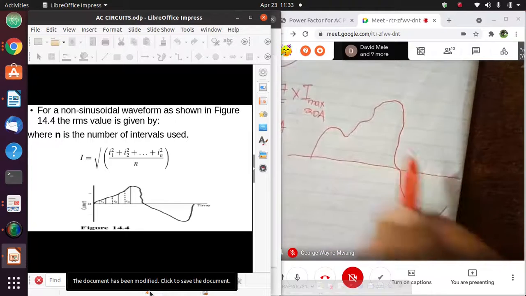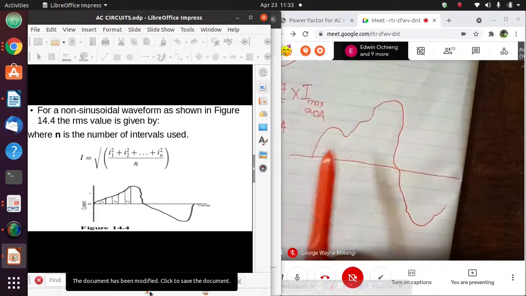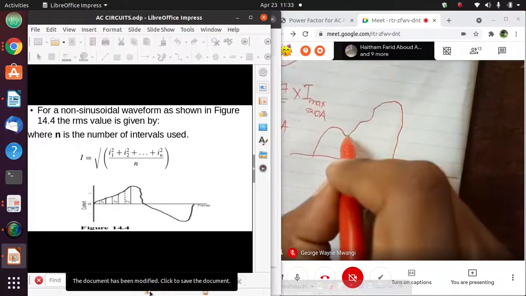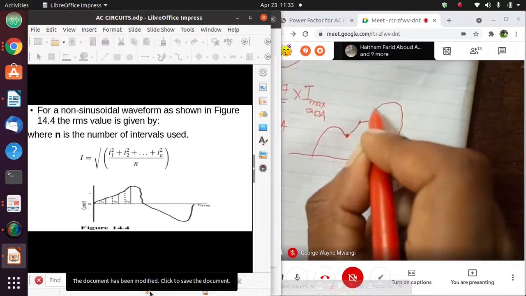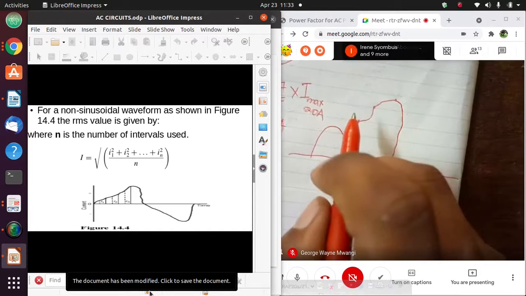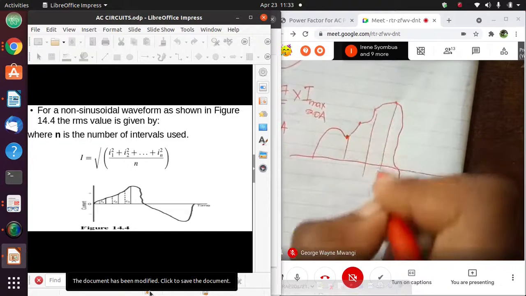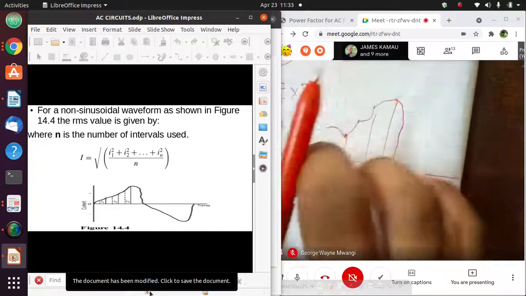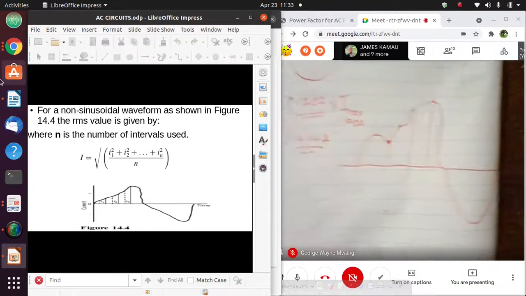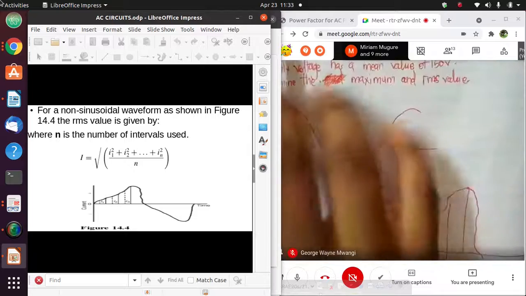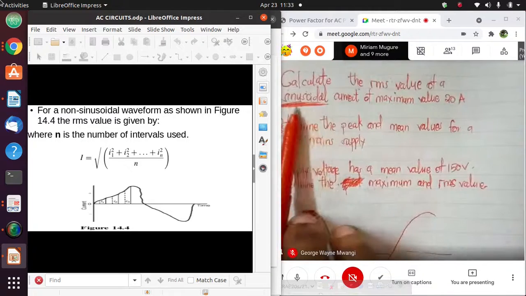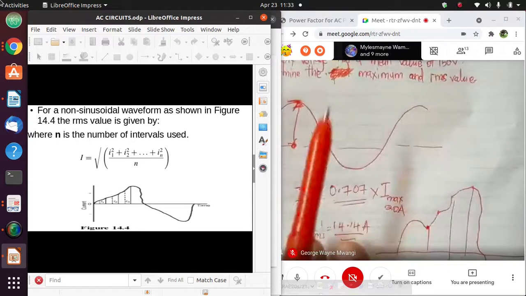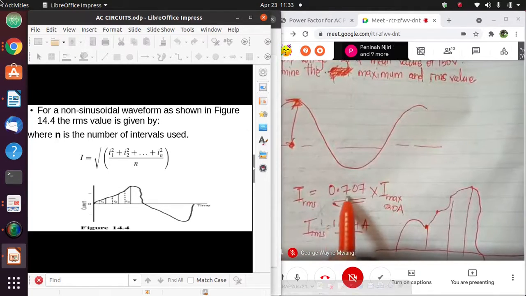It is not being supplied at constant frequency, so the instantaneous values will be different because the frequency of supply is different. So you'll have to divide this shape into equal intervals. I don't know if you remember that method I showed you, but we won't talk about that today. I wanted you to see that you have to read the question. Our question said sinusoidal, so you just take the maximum value and multiply by this constant, 0.707.